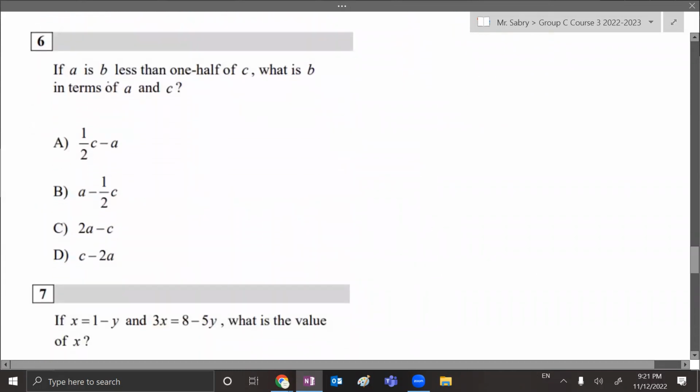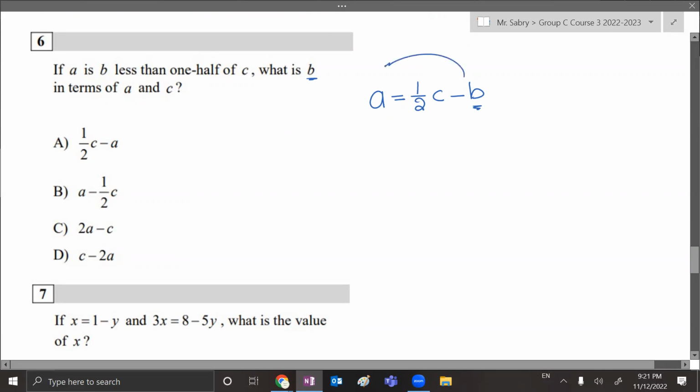If you check number 6, A equals, B less than, so something minus B. B less than what? 1/2 of C, so half C. What is B in terms of A and C, which means I need B completely alone on one side and positive. Here's what I'm going to do.